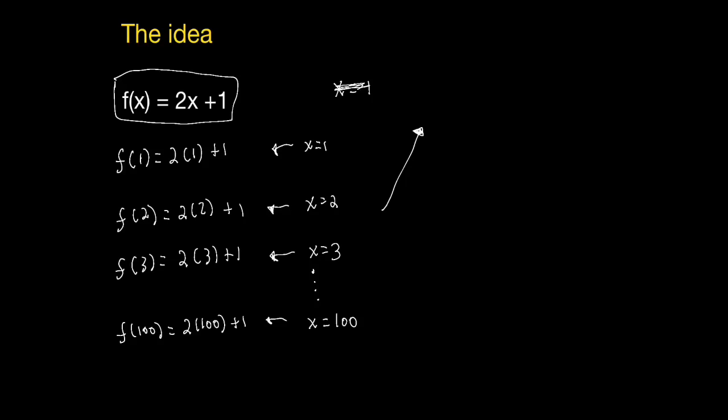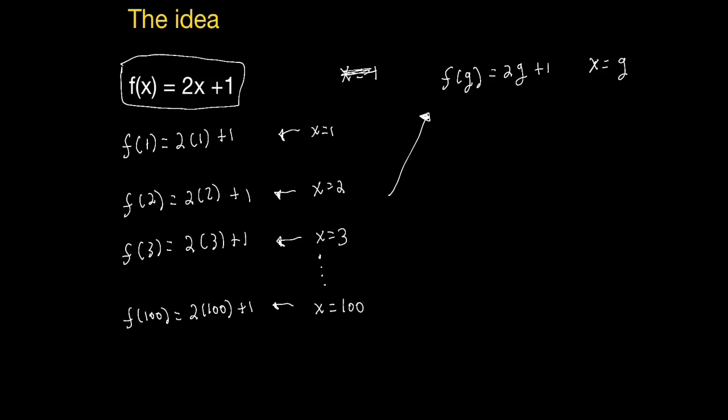Now what we saw in the last couple of examples is that functions are not restricted just to numbers. We can actually input different variables here. So let's say we wanted to evaluate this function at x equals g. Then f of g would be the same thing as 2g plus 1. Let me write it right here so it's a little more clear.